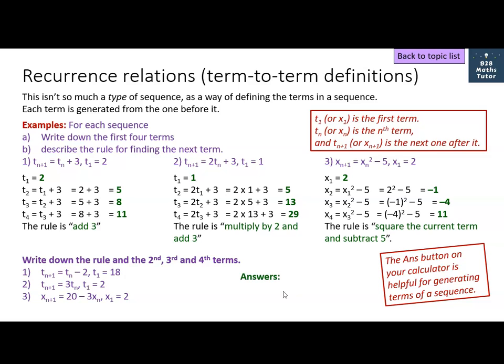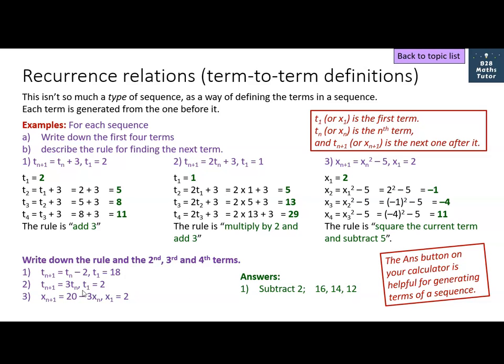Answers. For number 1, the rule is subtract 2, because we're taking 2 away from our current term. So we take 2 away from our first term to get a second term of 16. Take 2 away from that, third term is 14. Take 2 away from that, fourth term is 12.